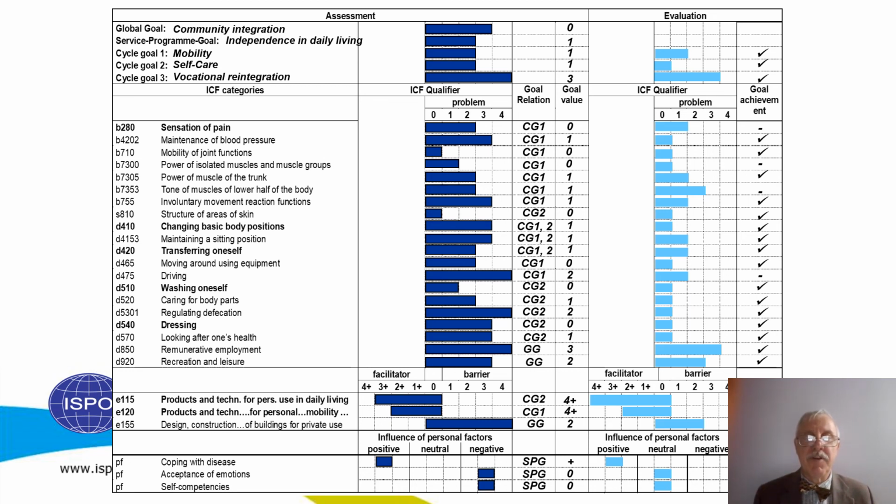You can put in the initial score, the goal of what they want to achieve, the goal value of where they want to go, and then you can do a progress evaluation and demonstrate it visually. You can do this as a computerized file, which makes it easy to enter the data and to compare and monitor progress.